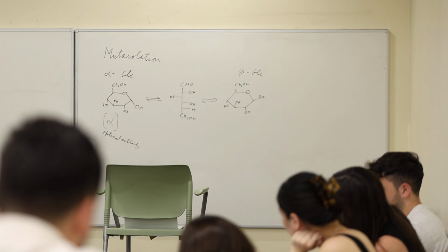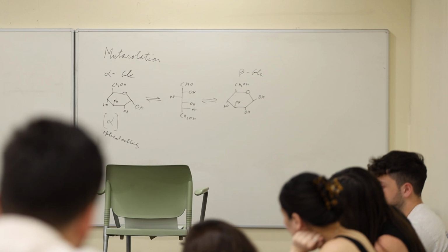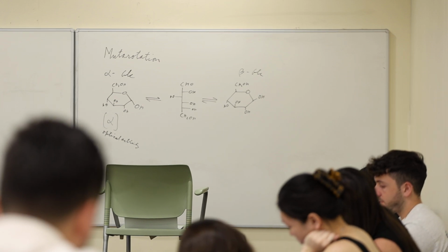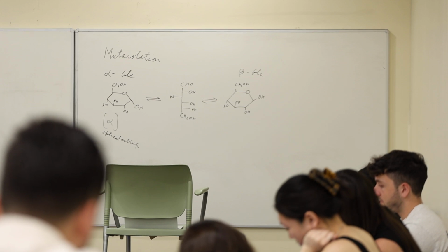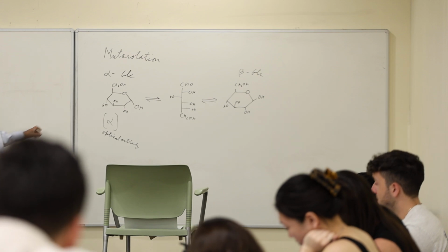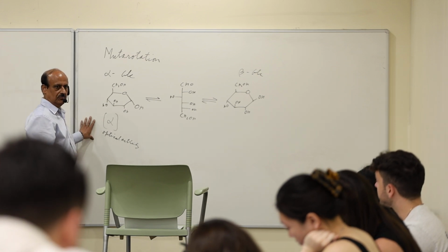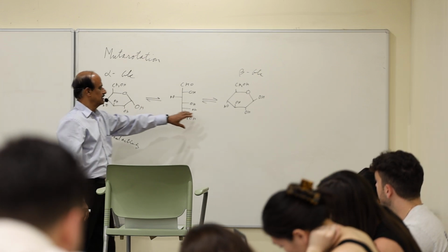So every carbohydrate will exist as a mixture of the alpha and the beta in a certain proportion depending on their stability. So we are not going into the math of it, but the alpha will have a certain rotation of optical light.